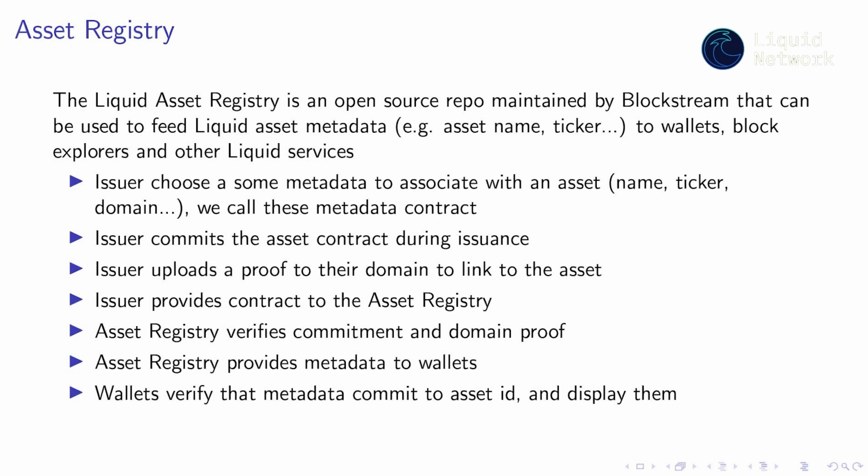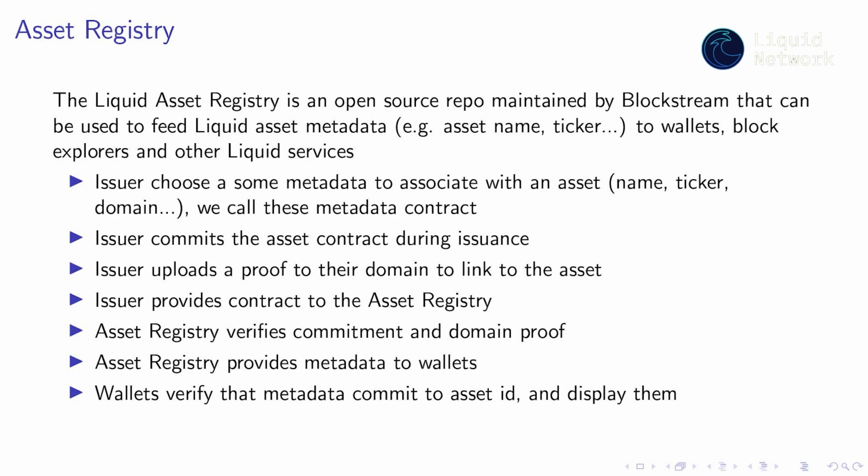And so we have this process to register this metadata to a repo that we control. The issuer will choose this contract, so the name, the ticker, the domain, and other information, and commit that to the issuance. Then it will upload to a domain that it controls a link that says, I run this domain, I want to connect it with this asset, and then the issuer provides this information to the asset registry.